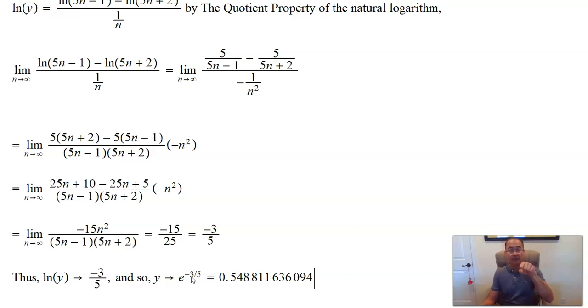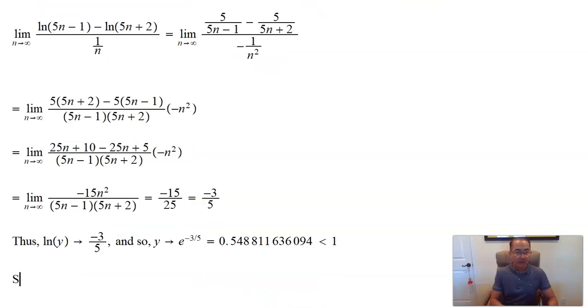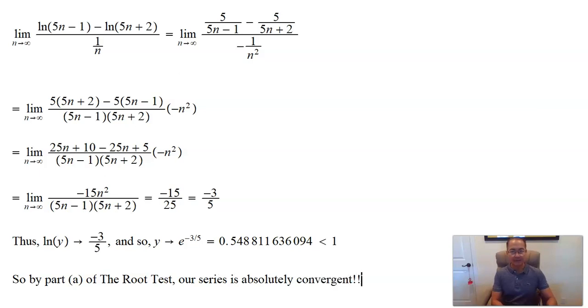So if you plug in a number which is negative, you're going to get a number which is smaller than 1. Plug in a positive number, you get something which is bigger than 1. All right, so that is less than 1. So by part A of the root test, our series is absolutely convergent.